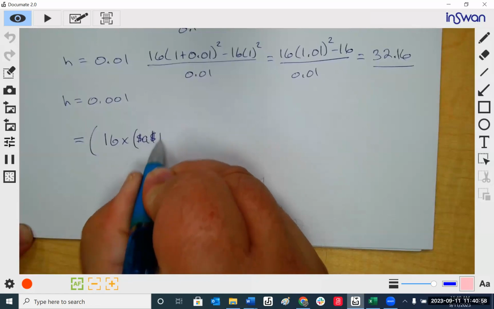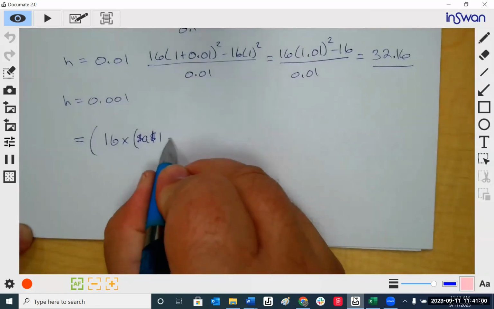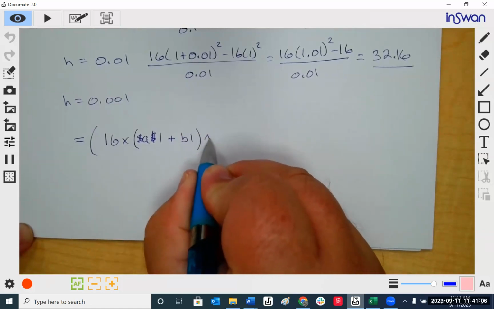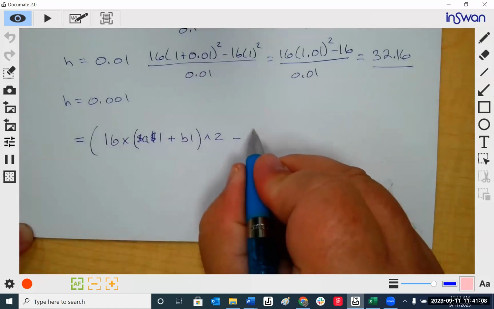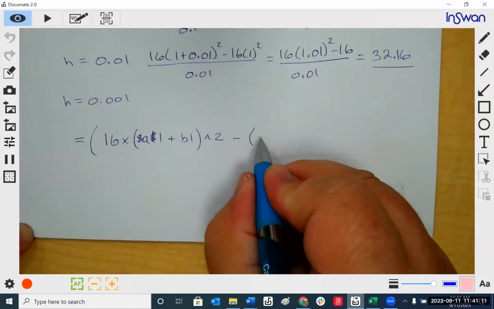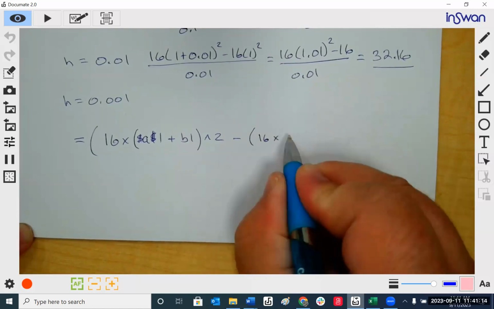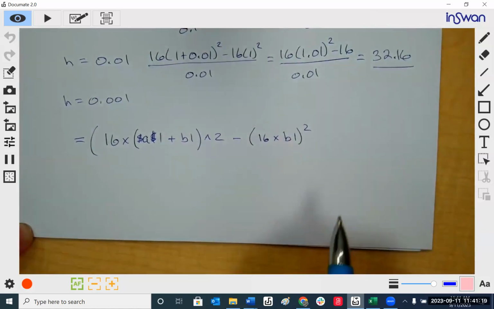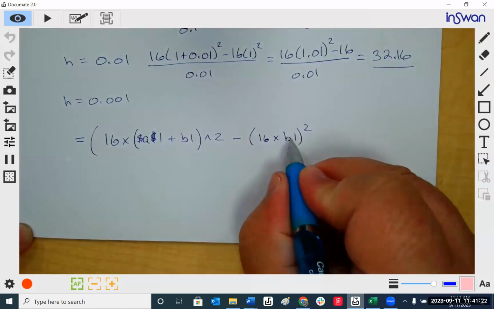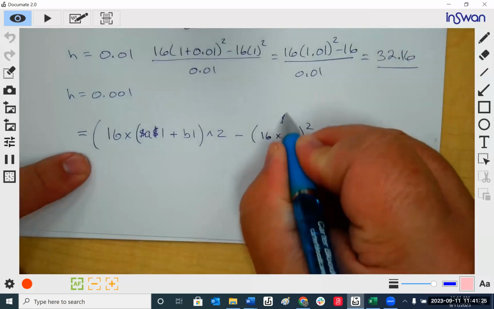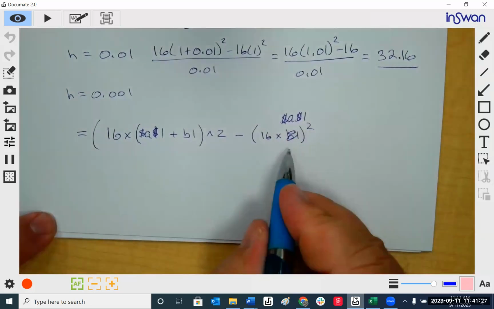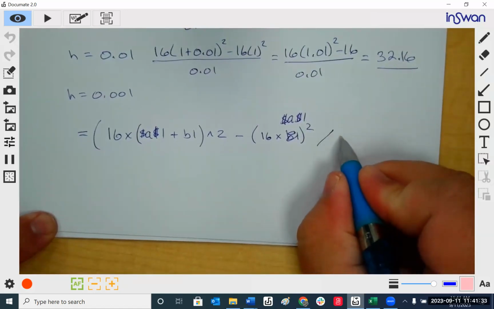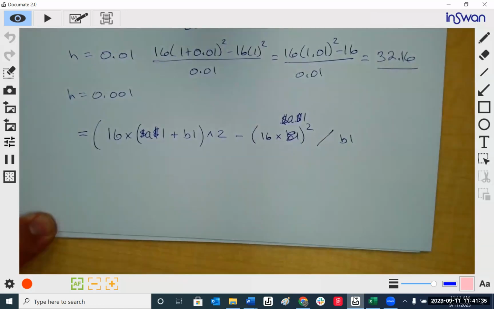So I have to put that in dollar signs because it can't move, plus B1 squared, minus 16 times A1 squared, because it's constant, divided by what your B value is.